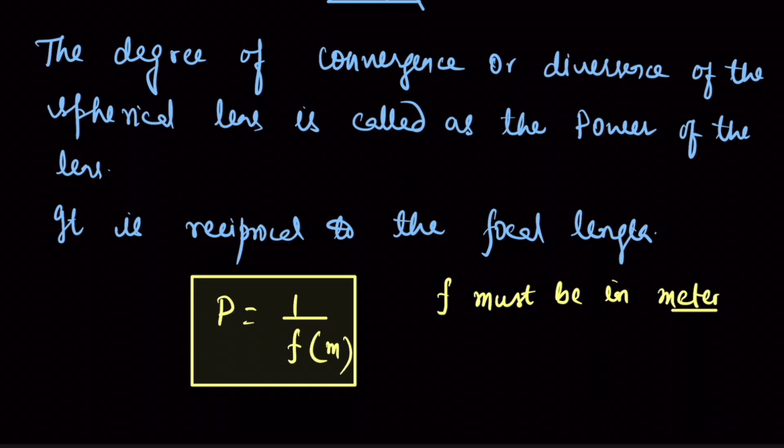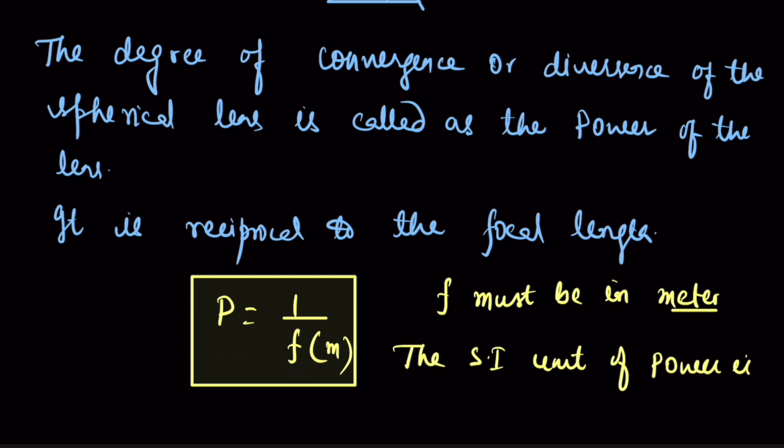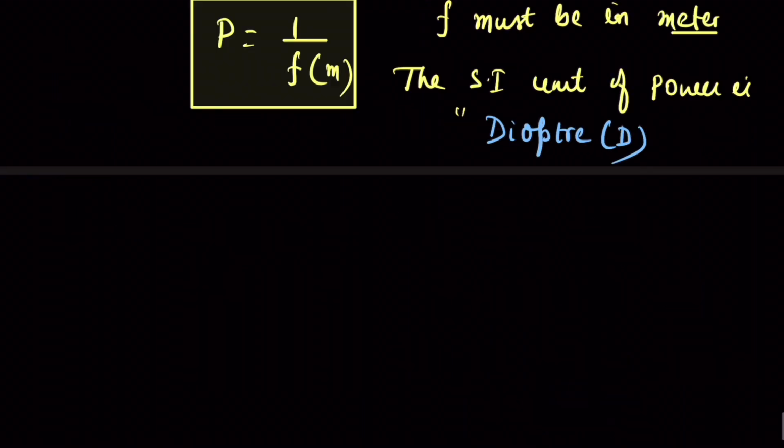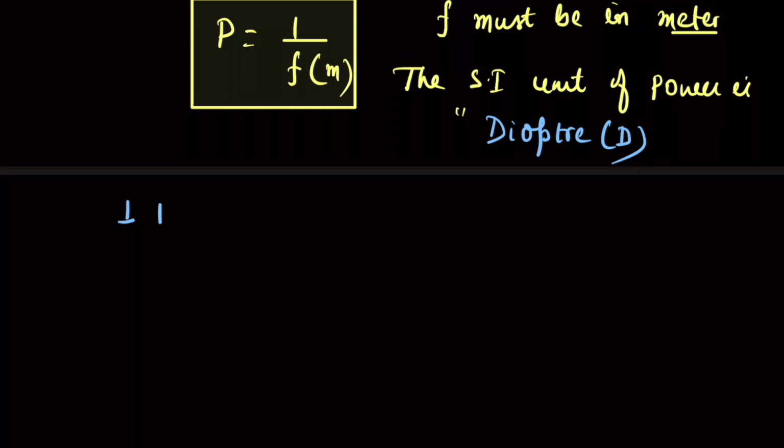The SI unit of power is the diopter. It is represented as capital D. So 1 D, which is 1 diopter, is equal to 1 by meter, which is equal to 1 meter inverse.